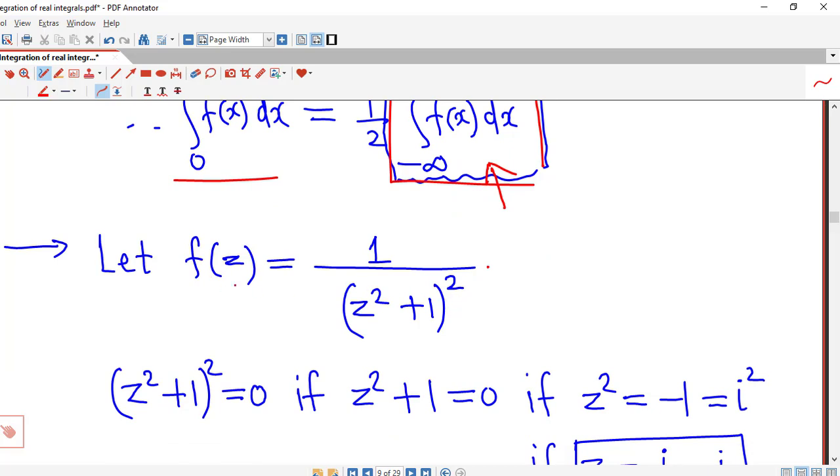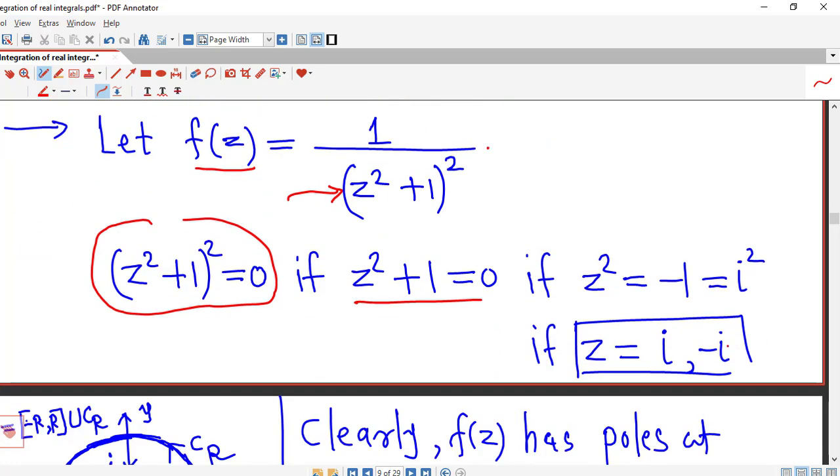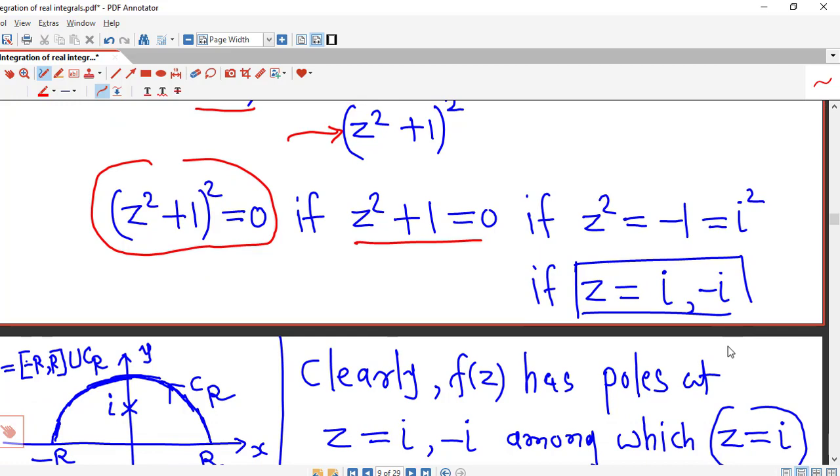Then we find the poles of f(z). Poles of f(z) are nothing but the values of z at which the denominator becomes 0, because f(z) is a rational function. So its poles are the values of z at which this polynomial in the denominator is 0. We obtain that the denominator becomes 0 at z equal to i and z equal to minus i.